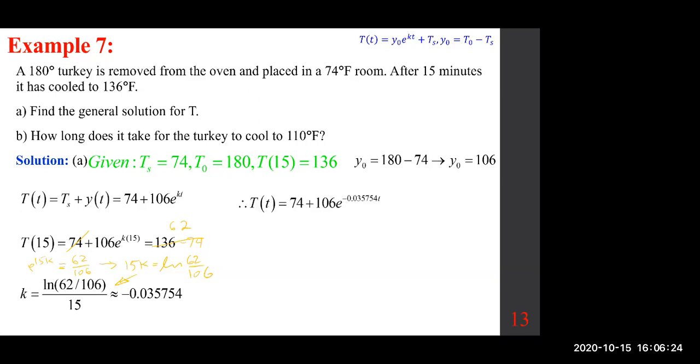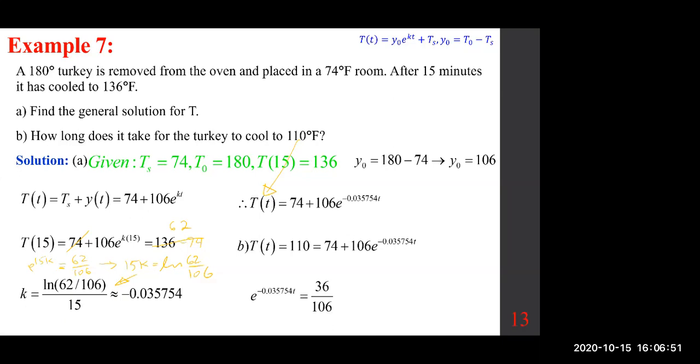And so finally, how long does it take for the turkey to cool down to 110? Replace it with 110. So this one, replace it with 110. Subtract 74, divide by 106, take a natural log.